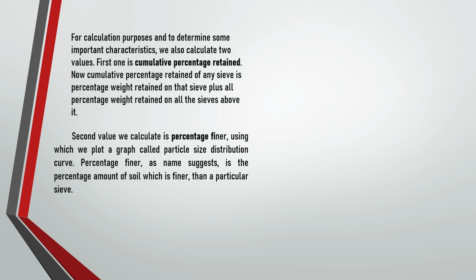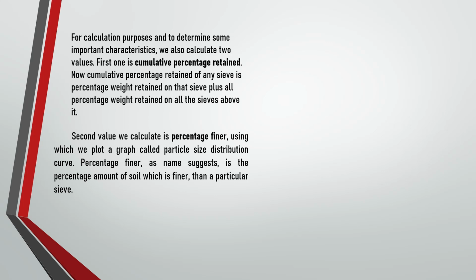For calculation purposes and to determine some important characteristics, we also calculate two values. The first one is cumulative percentage retained. Cumulative percentage retained of any sieve is the percentage weight retained on that sieve plus all percentage weight retained on all the sieves above it.